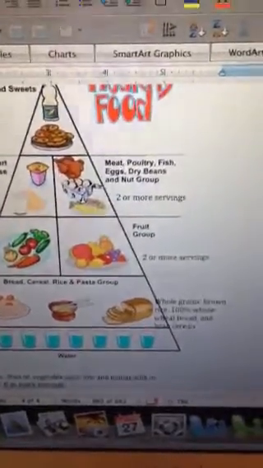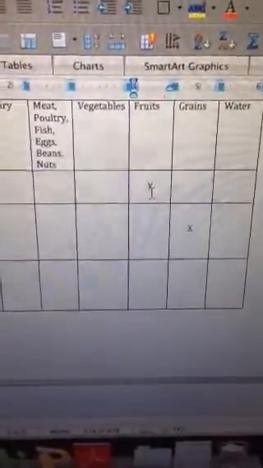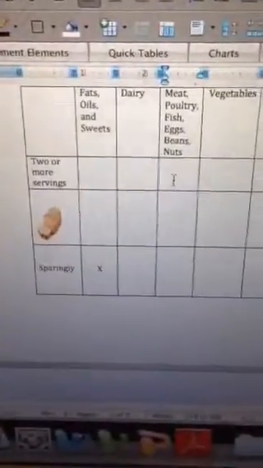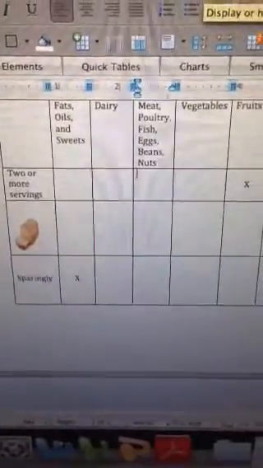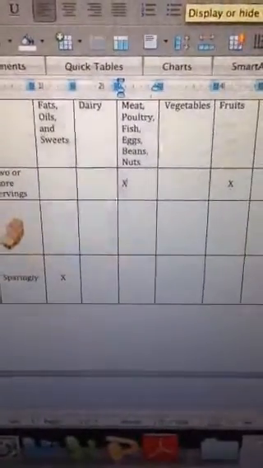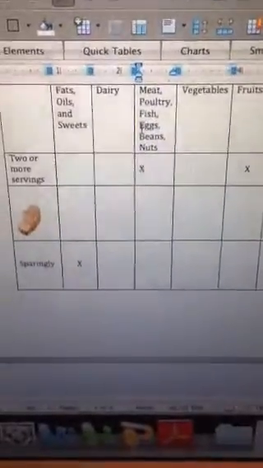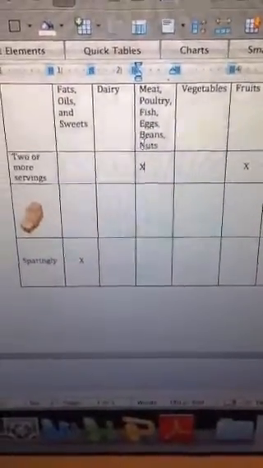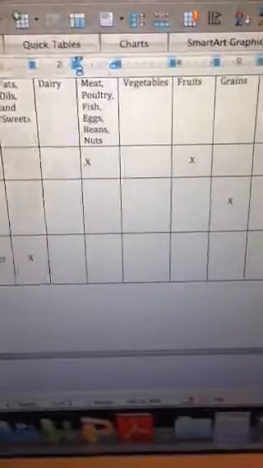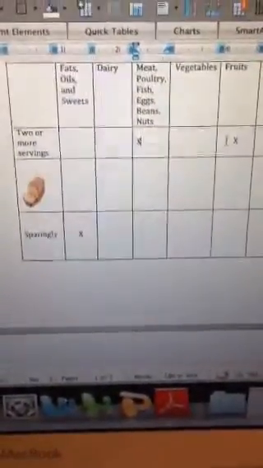So we can come back here, 2 or more servings. Fruit has it, and meat and poultry also has it. So we'll put an X there. So now we know that meat, poultry, fish, eggs, beans, and nuts, and fruit both require you to have 2 or more servings.